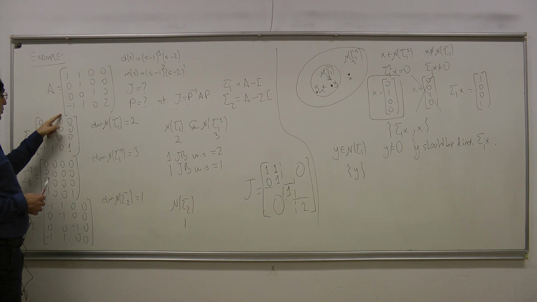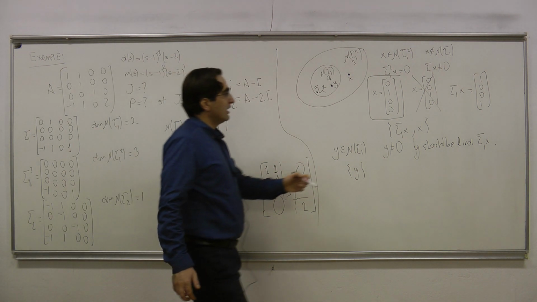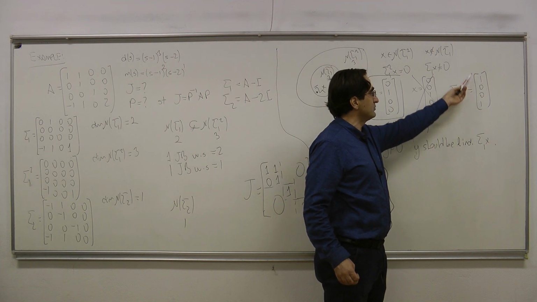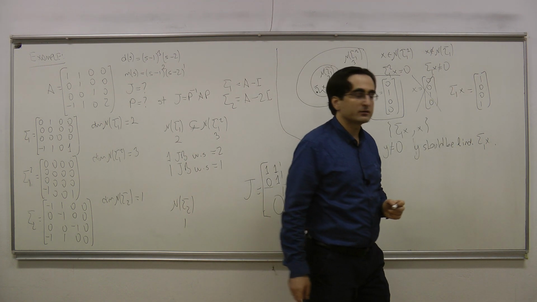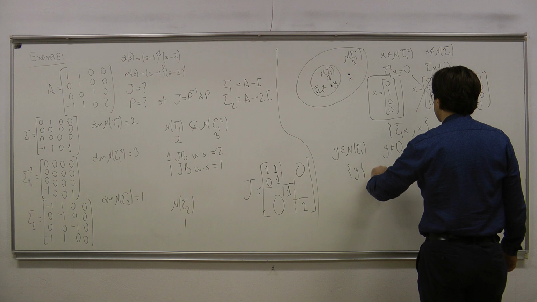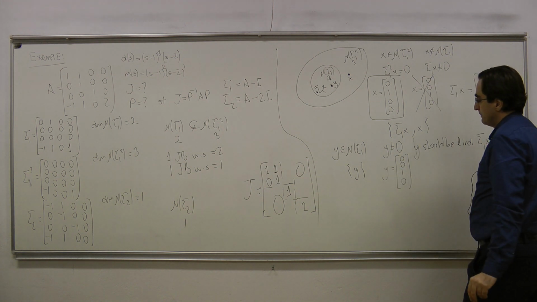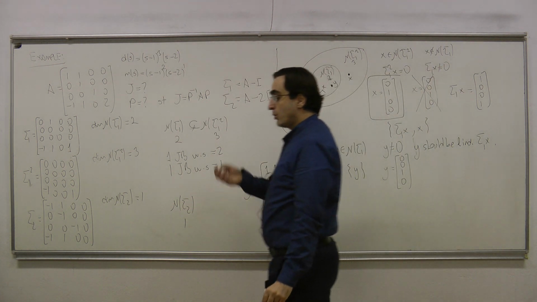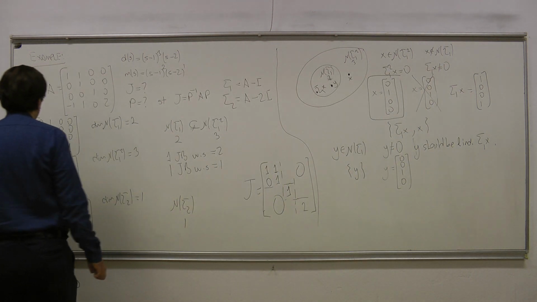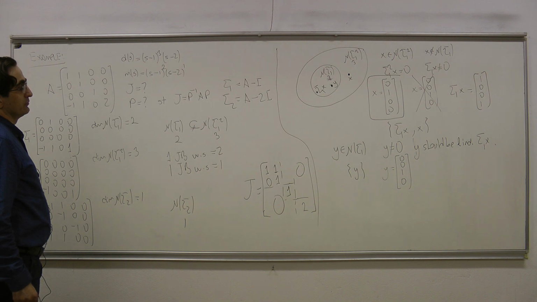So 0, 0, 1, 0 would be in the null space, and furthermore 0, 0, 1, 0 would be linearly independent with this vector. So I can choose here y is equal to 0, 0, 1, 0. This is the y that satisfies both of these conditions.